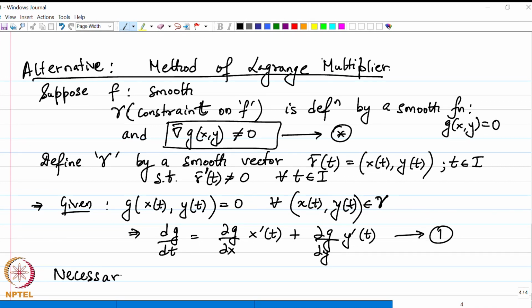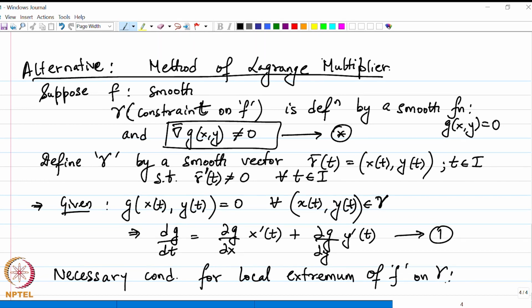So, we also know that the necessary condition for a local extremum of f on gamma gives us the following condition: the derivative of f of x of t comma y of t is equal to f x x prime t plus f y y prime t.